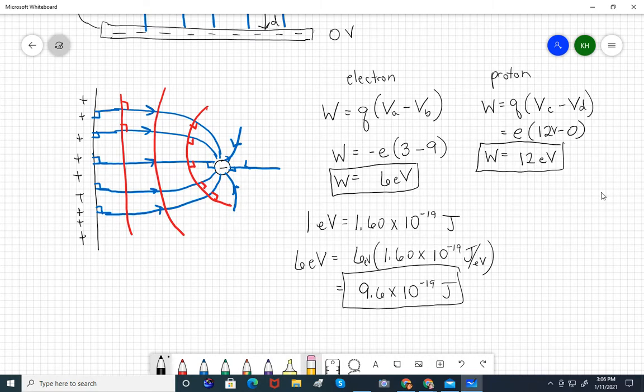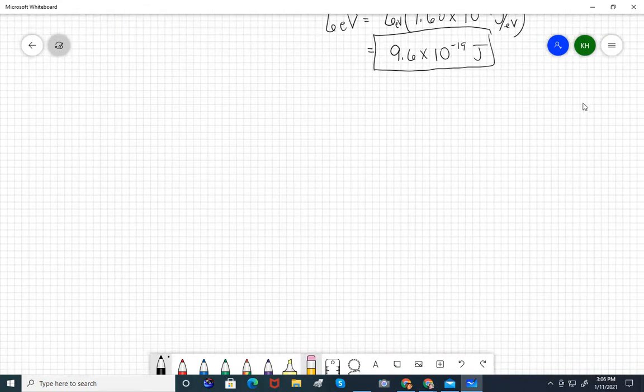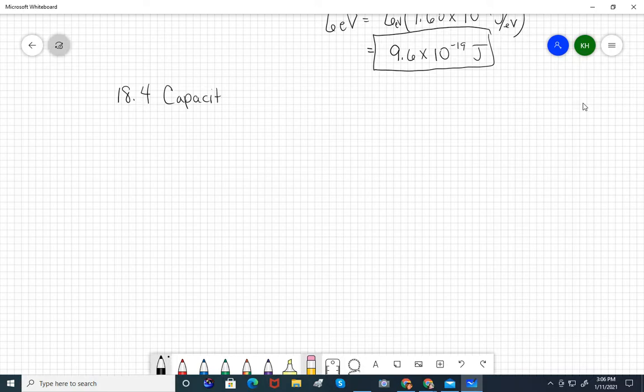Let's move on to a really important concept, and that's the idea of capacitors. This brings us, I believe in your text, to section 18.4. A capacitor is simply a device that's designed to store an electric charge.